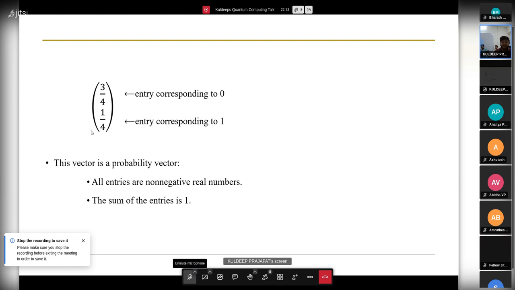The second thing is that the sum of these entries should be 1, because all the possible states have some probability, and the sum of all the probabilities should equal 1. So the sum of the entries of this vector should be equal to 1.